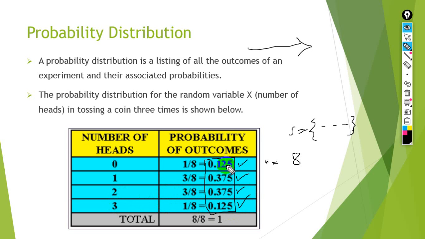So now 0.125 means the probability of this is equal to 12.5%, the probability of this is 37.5%, and the probability of this is 37.5%.